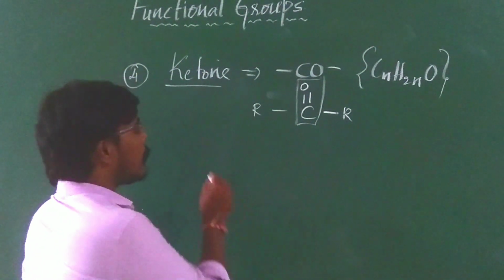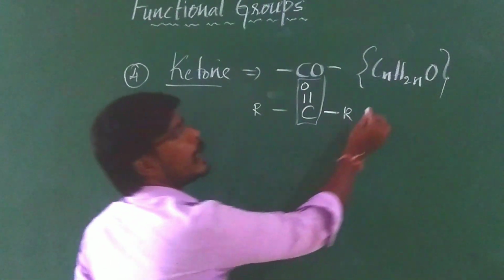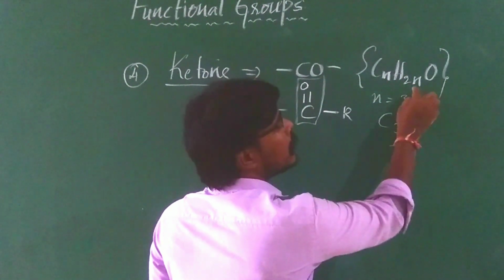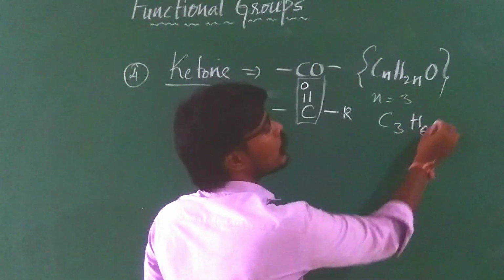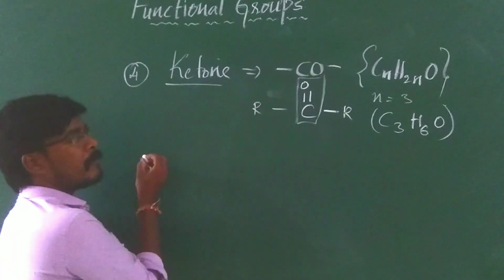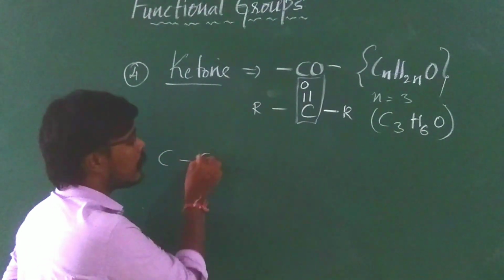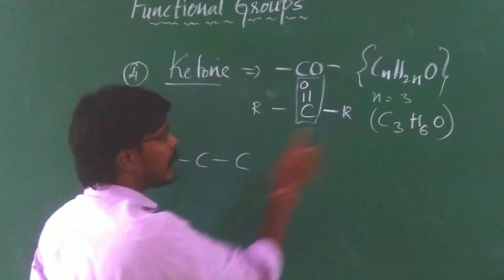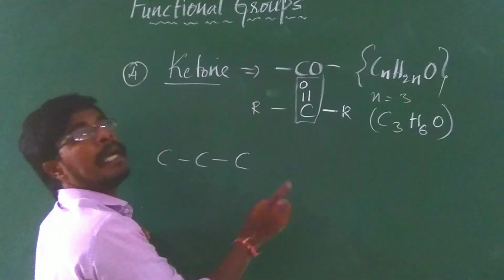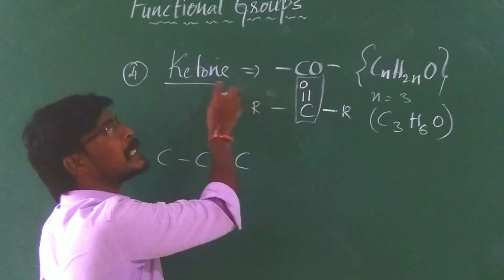Okay, a simple example, I am taking the third member only. In place of n, if you are taking 3, so C3H2×3 is 6, O. Like this, the formula came. Suppose I am writing C3, 3 carbon atoms, then 6 hydrogens are there. In that, I am saying it is a ketone.